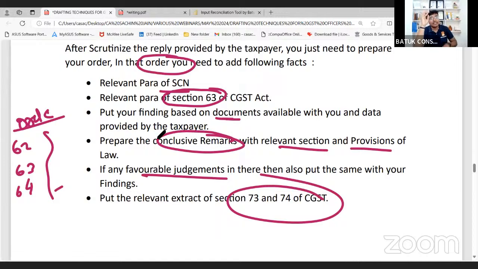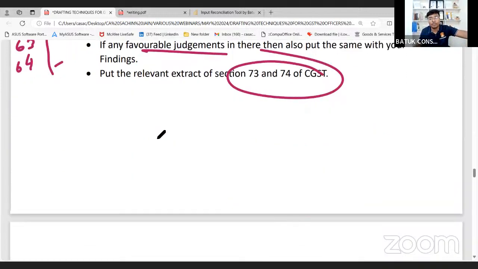Just confirm to me once that the provisional assessment, the scrutiny of returns, the assessment of unregistered person, the assessment of non-return filers related concept is okay for you or not. Just confirm once in the chat box.